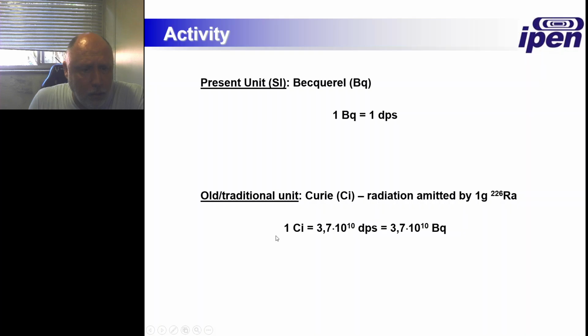Meaning that if we take some counts, it is 3.7 times 10 to the 10th becquerel, right? 37 gigabecquerels, just to give you an idea. So it's much larger than the becquerel. That's mostly why people still use it, but the international unit that should be used, and that we will use in this course, is the becquerel.